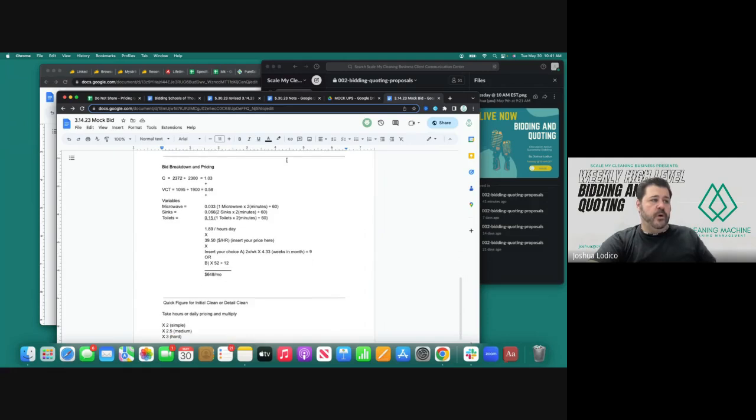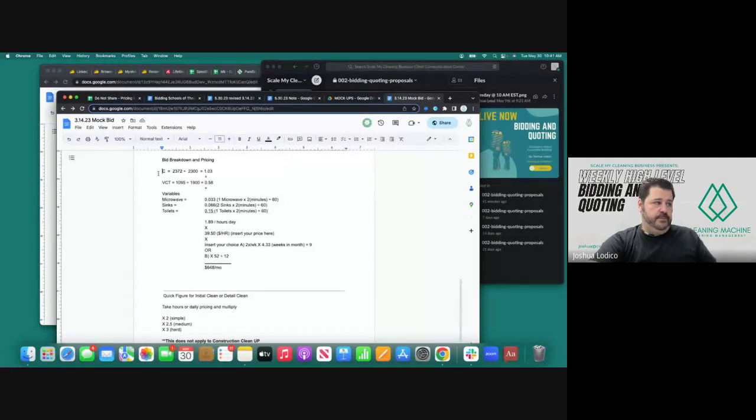So this is what our breakdown is going to look like. 2,372 square feet of carpeting. We're going to divide that by 2,300 square feet. 2,300 is what we made our production rate in this scenario. So if it was 2,500, it would be 2,372 divided by 2,500.